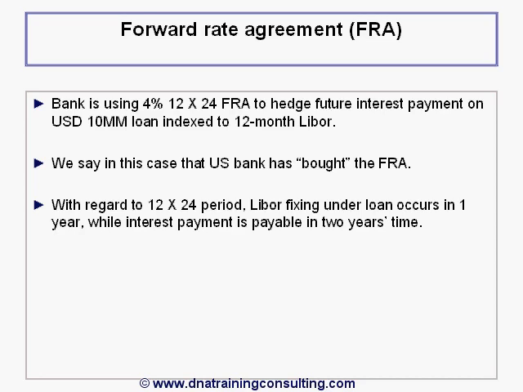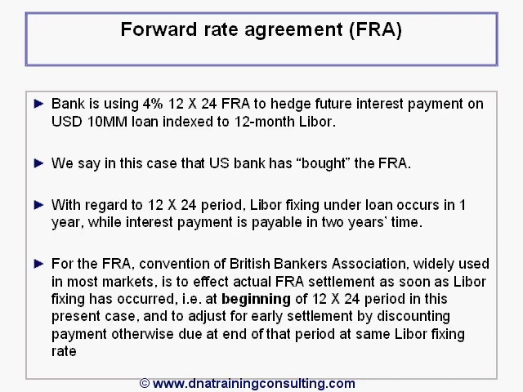For the FRA, the convention of the British Bankers Association, widely used in most markets, is to effect the actual settlement of the FRA as soon as the LIBOR fixing has occurred, i.e. at the beginning of the 12 by 24 period in this present case, and to adjust for this early settlement by discounting the payment otherwise due at the end of that period at that same LIBOR fixing rate.